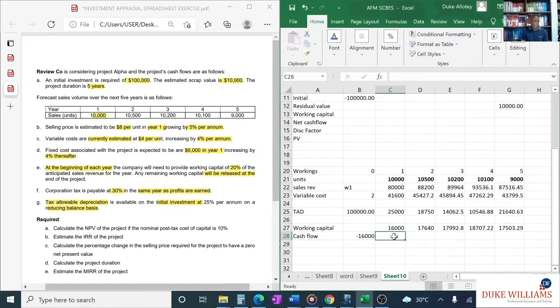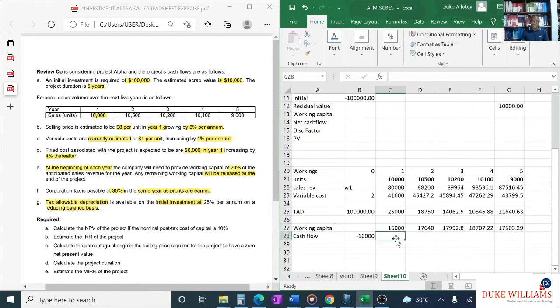Then from year two onwards, we need 16,000 in year one to do business. We need 17,640. But don't forget that 17,640 is made up of the 16,000 we have already invested. So an extra 1,640 is what is needed.